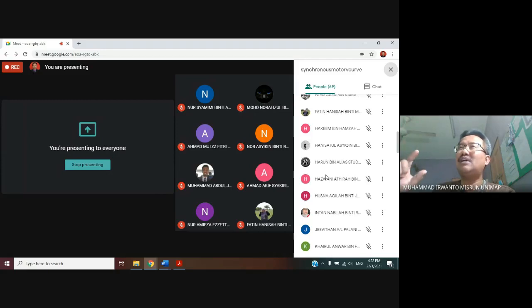Macam mana dia punya hubungan? Ya, the terminal voltage is equal to line voltage is equal to square root of 3 times phase voltage. Lalu ini basic dulu, Abdul ya. Lalu kalau the connection is delta, the terminal voltage is equal to line voltage is equal to phase voltage. Semua sama untuk delta.